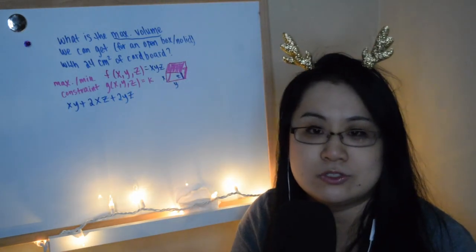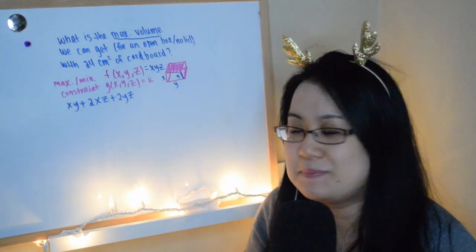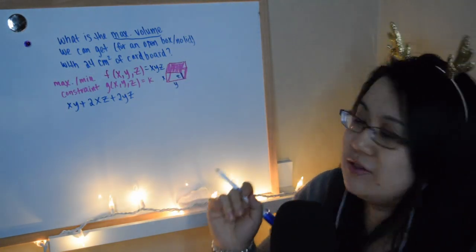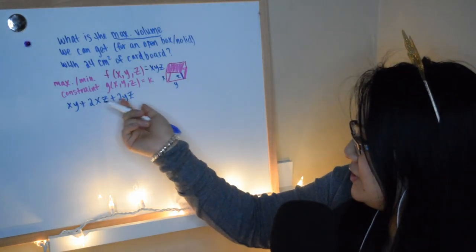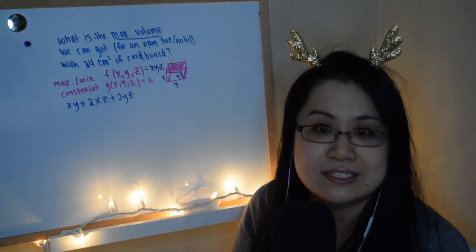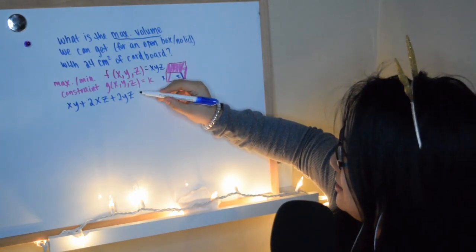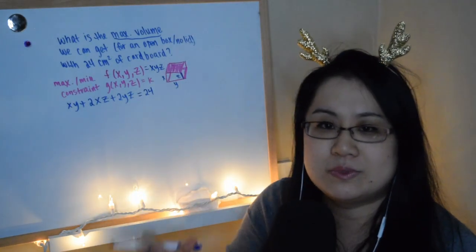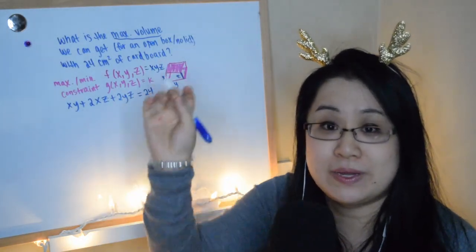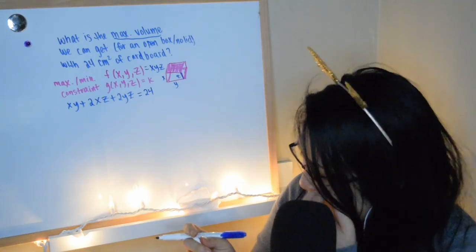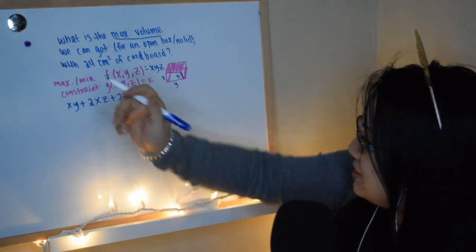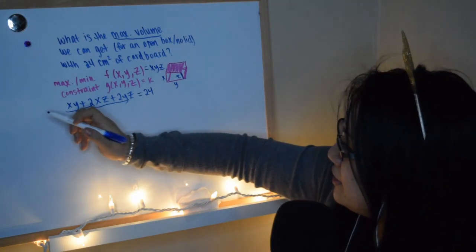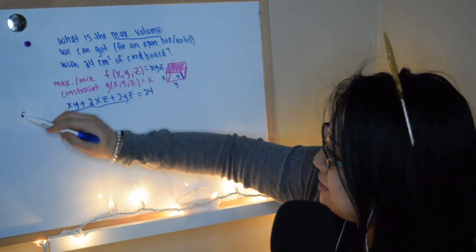So these are from our surface area formula. So usually there's the 2xy as well, but no top. But we'll have 2 of this, 2 of this, and 1 of that, and that has to equal 24. Or be less than or equal, but we're going to focus on the boundary part. Okay, so this is our g of x, y, and z.